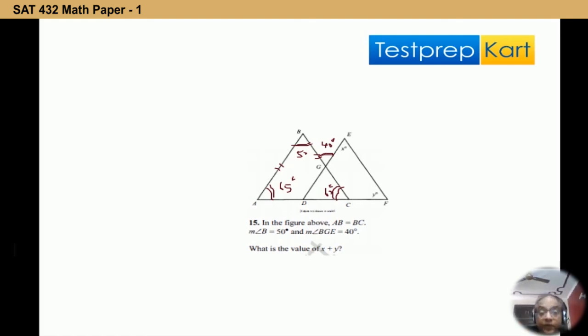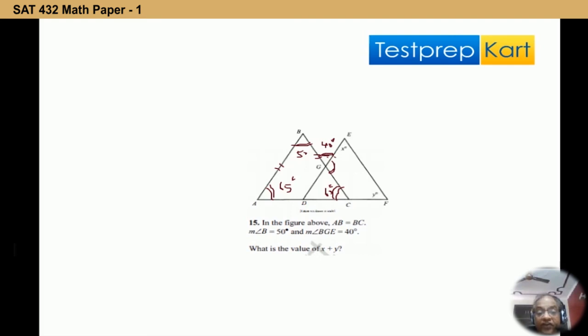Now this is 65 degree, and this angle is given as 40 degree. What about this angle?